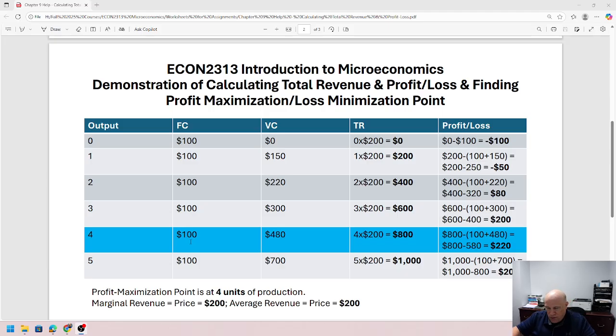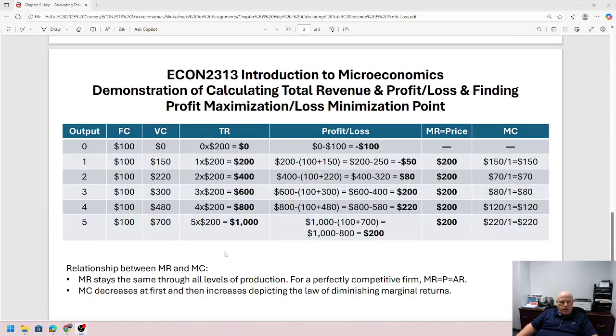All right, so that's one of the things it's going to ask about, that relationship between or among those values, okay? And then one final thing I want to show you here is it's also going to ask you about the relationship, in this case, between marginal revenue and marginal cost.